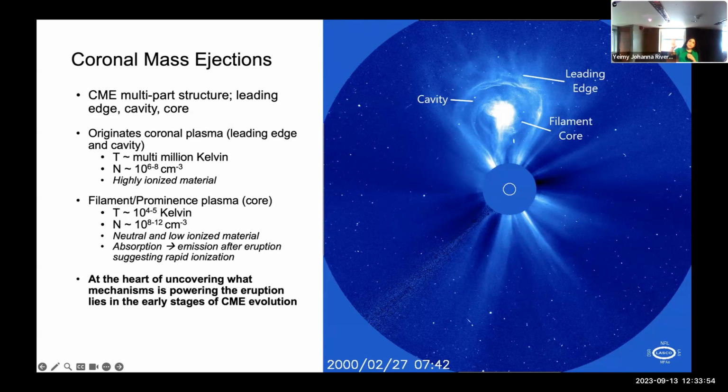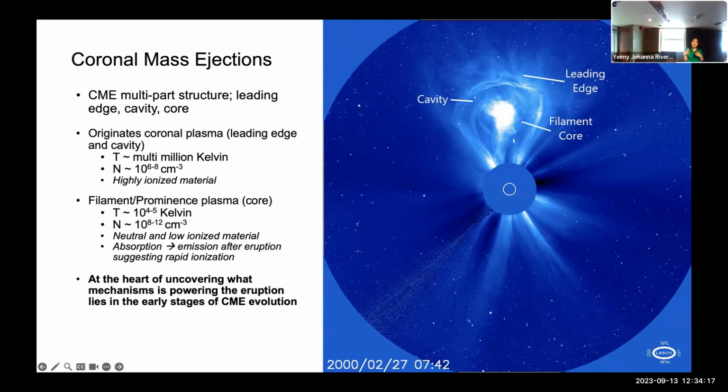But what I wanted to highlight was that oftentimes these different structures have different properties, or different thermal structure rather. The leading edge and the cavity part of the CME are generally very typical of coronal conditions: multi-million Kelvin temperatures, fairly tenuous relative to the filament core.